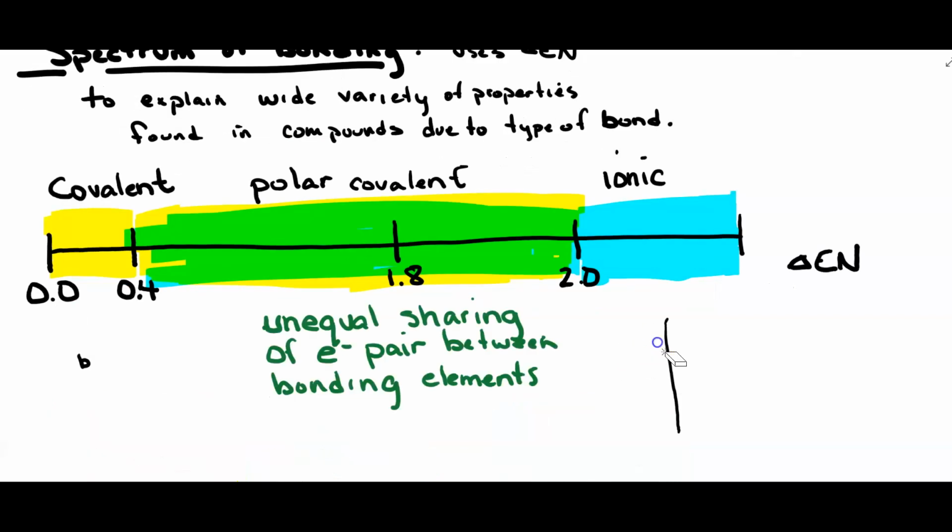Polar covalent bonding simply implies an unequal sharing of electrons because one of the values for an atom or element is bigger than the other. It means that that element tends to pull harder on the shared pair and hold the pair closer to its nucleus than that of the other one.